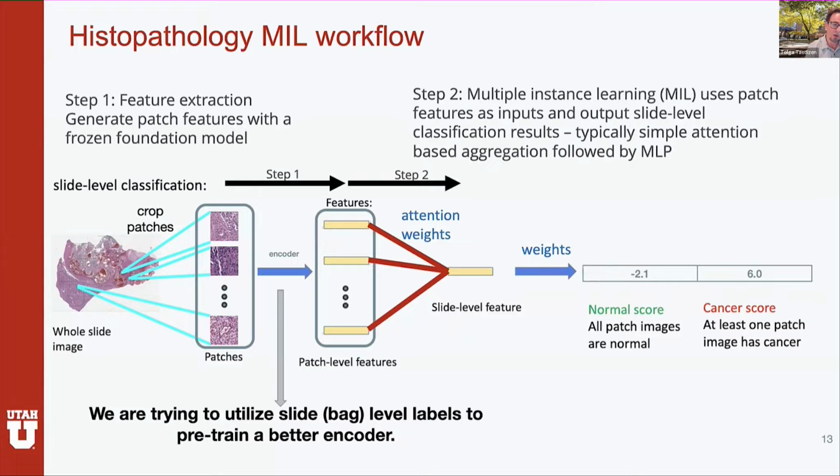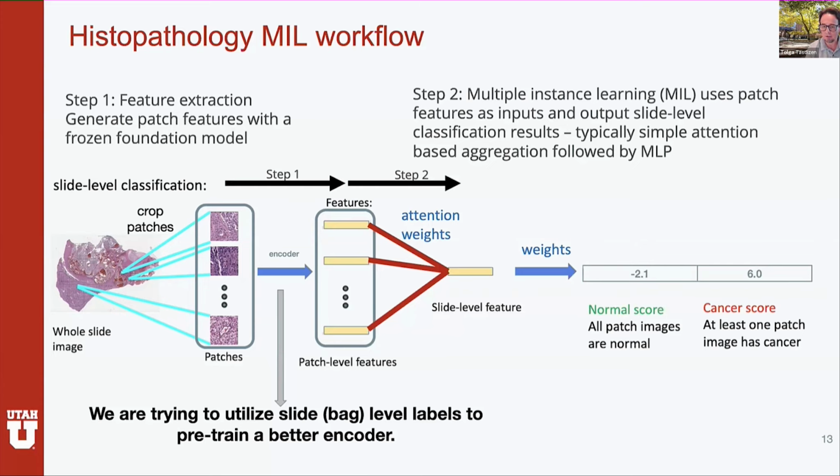I mentioned this because when you think about that in combination with the fact that the foundation model is frozen and the patch level features are frozen, if those features are pretty entangled between the things that you're trying to separate, for instance, normal versus cancer, you're going to have a hard time at step two, because the model there is not so powerful and the features are entangled.